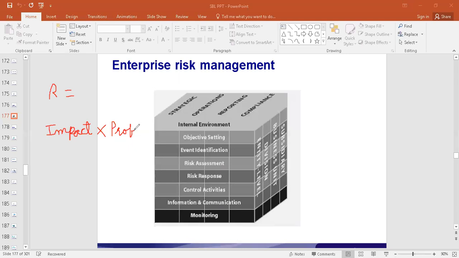So if that is their attitude, they can also think about avoiding the risk. One is accept, one is avoid. Next is, maybe risk is present, they do want to take it up, but not as it is, rather take all possible measures to reduce the impact of these events. So risk is reduced.